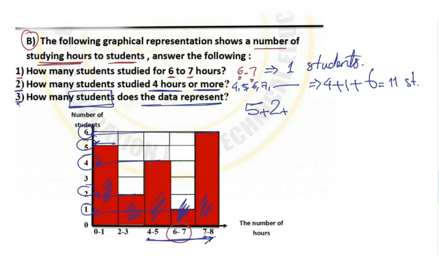The third interval 4. The fourth interval we have 1. And the last interval we have 6. Now 5 plus 2 equals 7 plus 4 equals 11. 11 plus 1 equals 12. 12 plus 6 equals 18 students. That's all students of this representation.